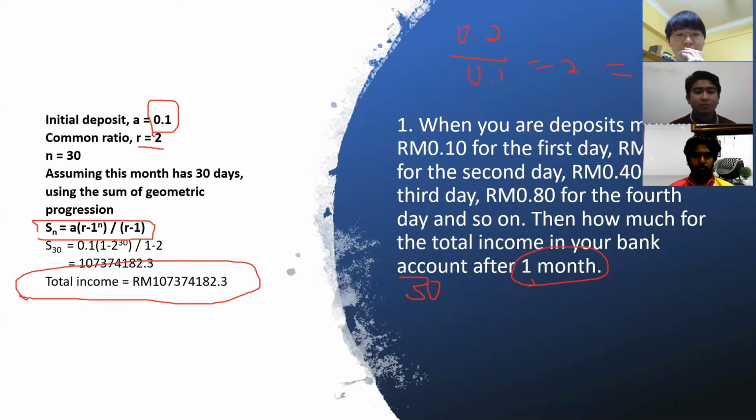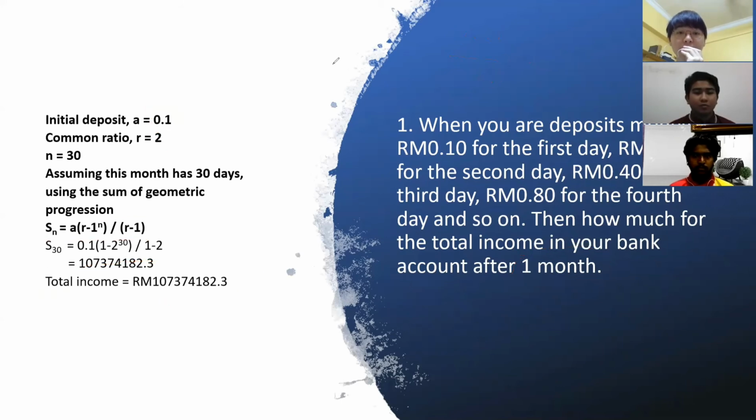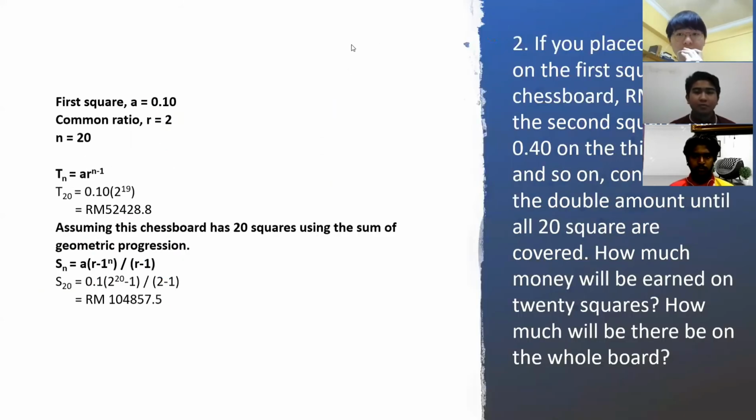Okay, so we proceed to the next question, which is the last question. If you place 10 cents on the first square of a chessboard, 20 cents on the second square, 40 cents on the third square, and so on, continuing to double the amount until all 20 squares are covered, how much money will be earned on the 20 squares?